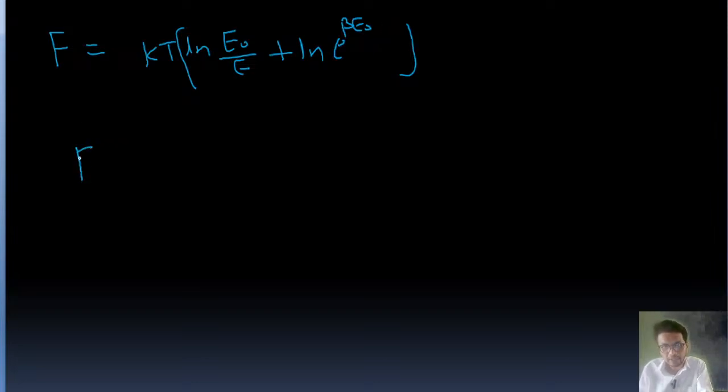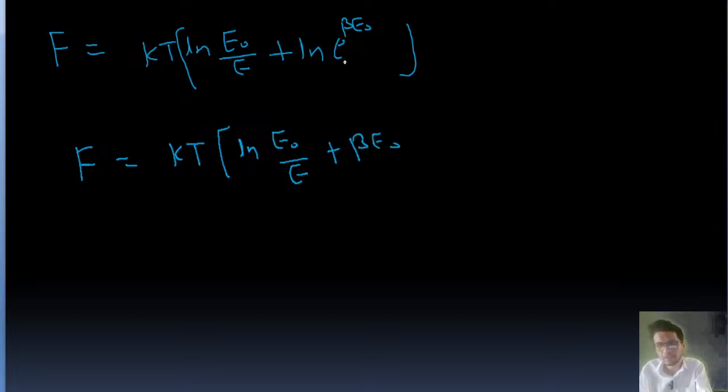Now F is equal to kT [ln (e naught upon E) plus...]. This is the important thing, guys: ln e to the power beta e naught, so ln and e cancel, and this value is beta e naught. This is a simple log and exponential property, right? ln e with base e is 1, so this is beta e naught.